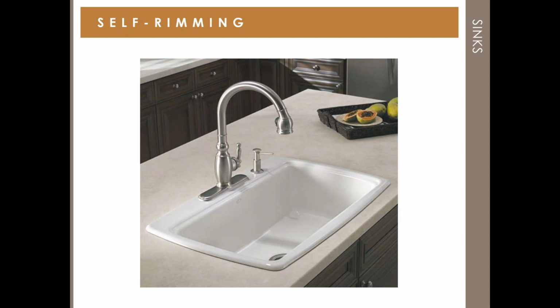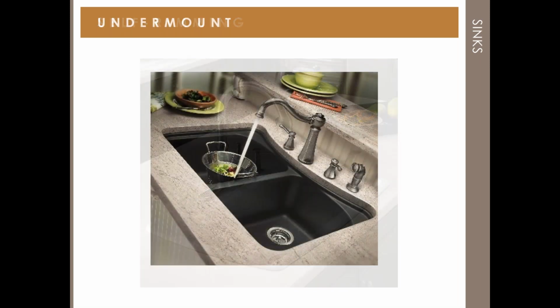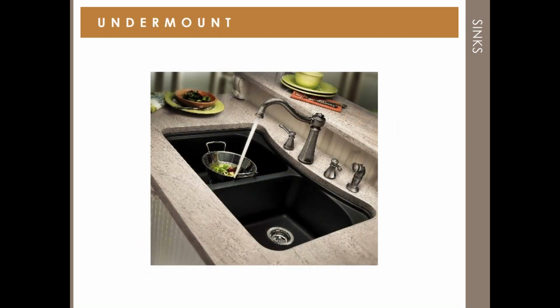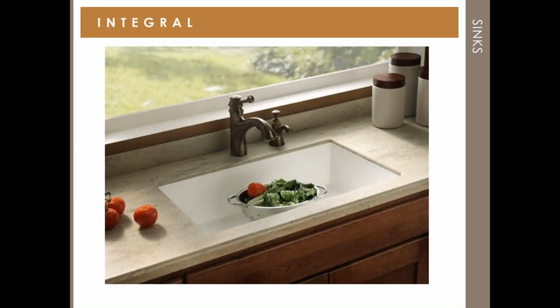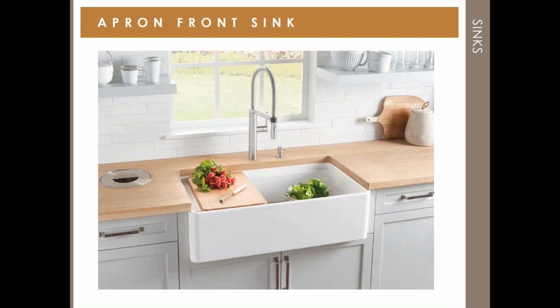There's self-rimming. I've used that term. Usually people are going to do self-rimming maybe only in laundry rooms and things like that today. Undermount, that's the most popular. There's integral. Apron front, always popular, always has been.